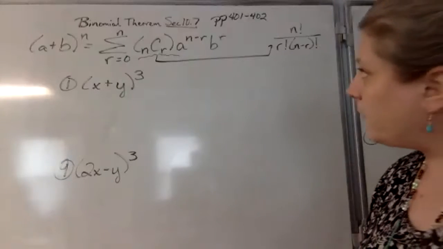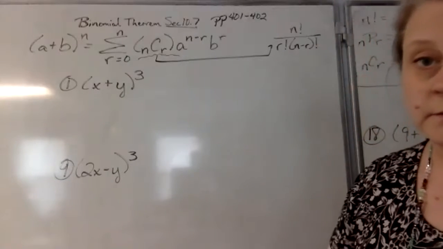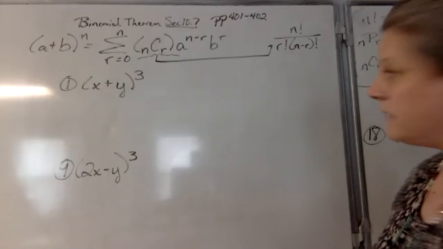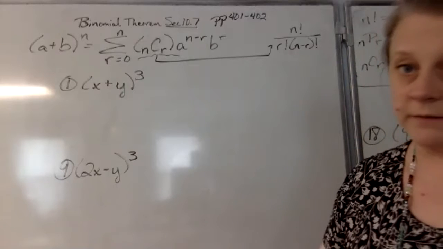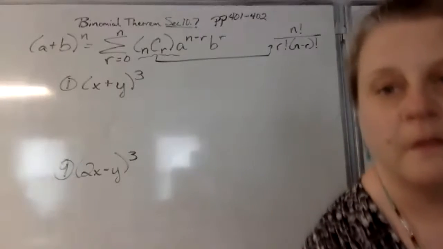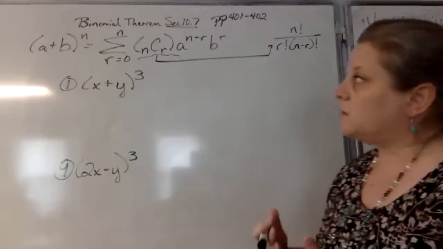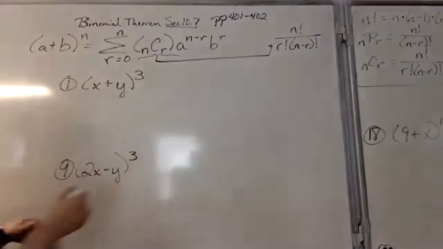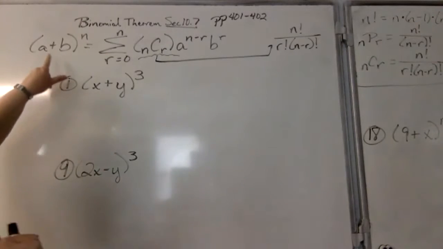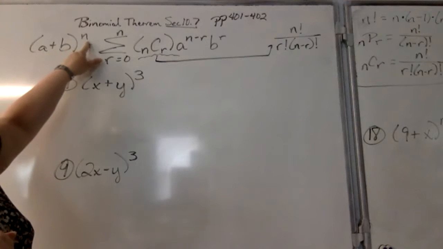So hopefully everybody's on page 401, and you found number 1, or 91. And we're ready to get started with number 1, okay? Now, when we go to plug it into the formula, you'll notice in our formula up here, it has a plus b to the n power.